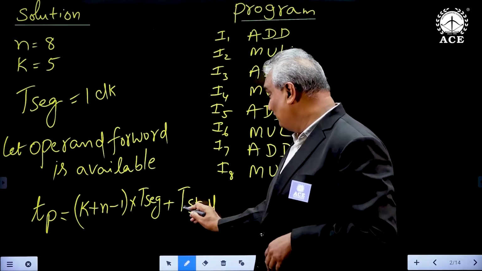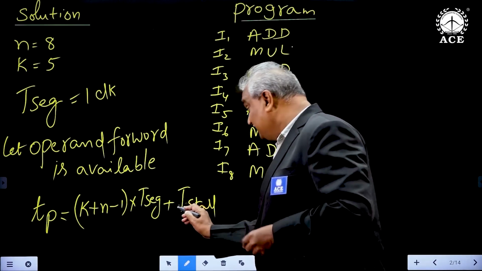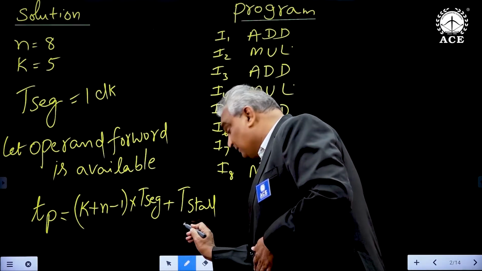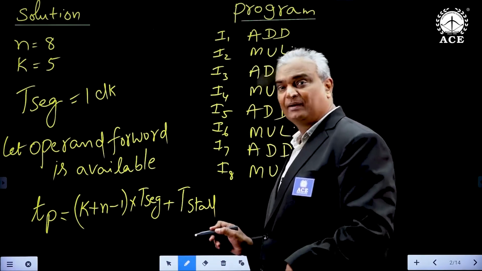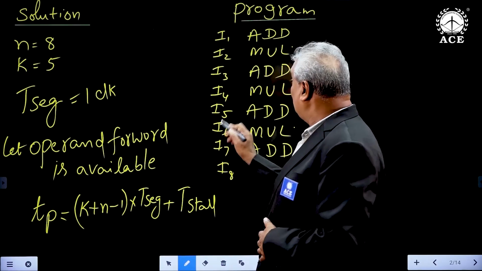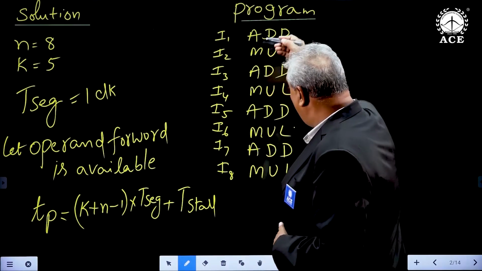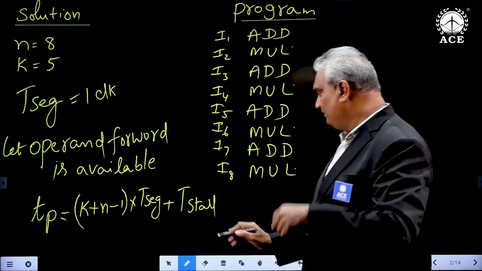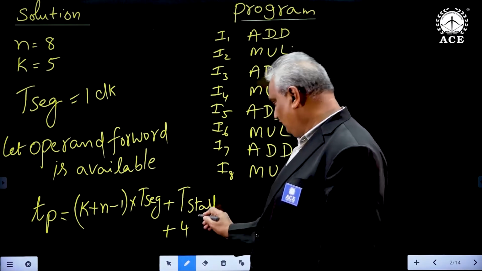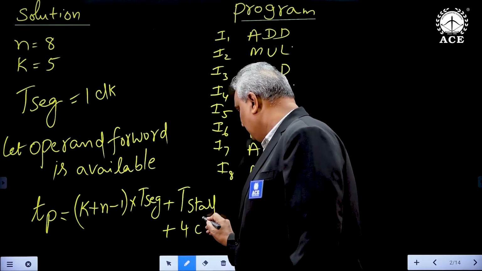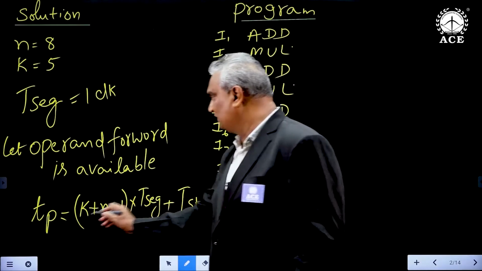That's why. What about the T stall? T stall means the additional time required for the EX stage to perform mull operations. How many mull operations are there? 4. So 4 clocks. What about this one?